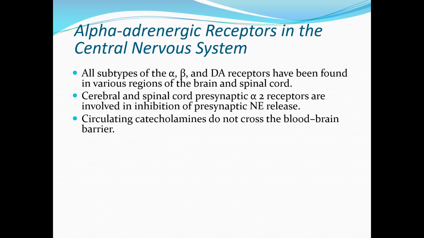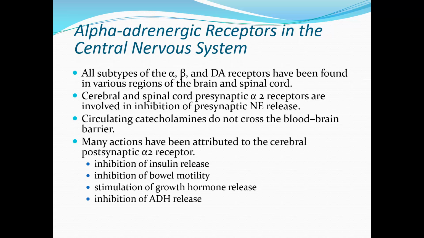Circulating catecholamines, though, don't cross the blood-brain barrier. Many actions can result from the activation of cerebral postsynaptic alpha 2 receptors. It results in inhibition of insulin release, inhibition of bowel motility, stimulation of growth hormone, and also inhibition of ADH release.